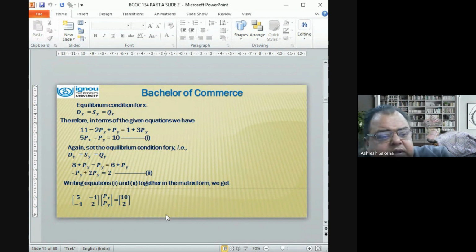So you have these equations. Now we have two equations. What we will be doing, we will be picking up the coefficient of equation number one.